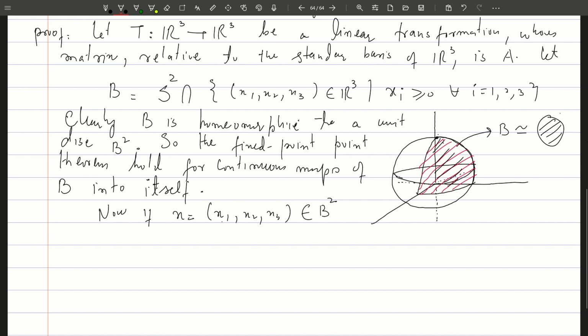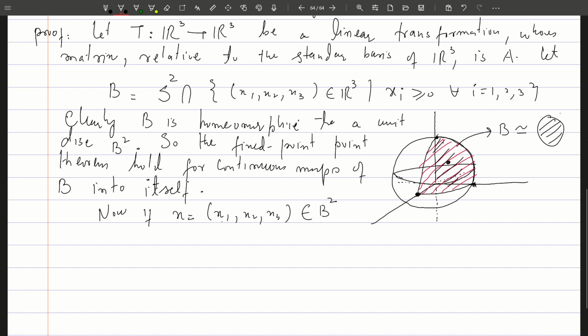These 3 points are the only points where certain coordinates are 0. If we choose any point except these 3 points on this B, then that point is going to have all 3 coordinates positive.